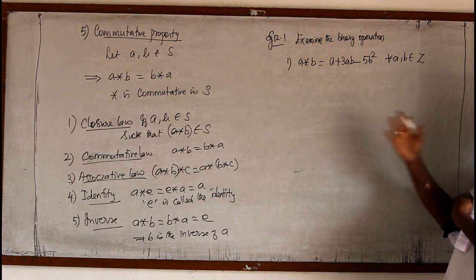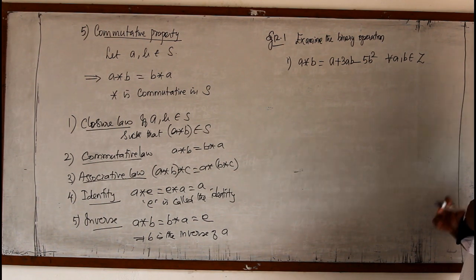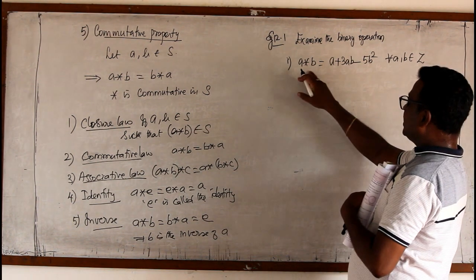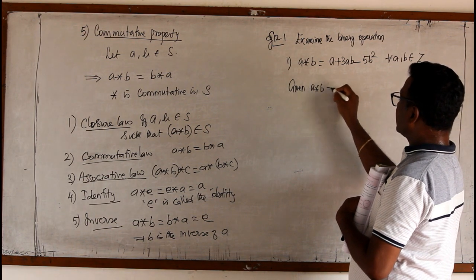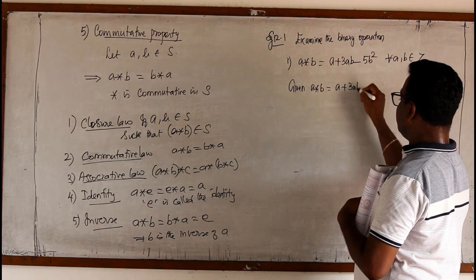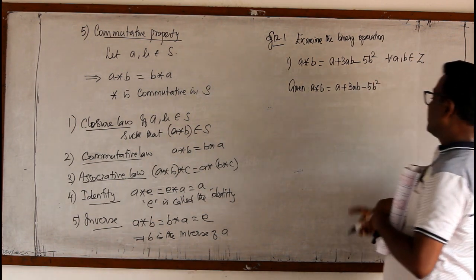Certainly we used to say whenever the binary operation is well defined. Suppose I am taking A star B as A plus 3AB minus 5B square.